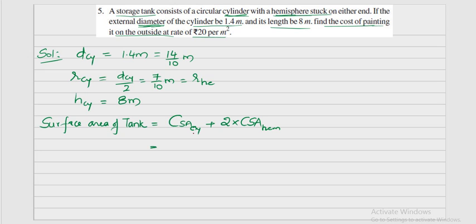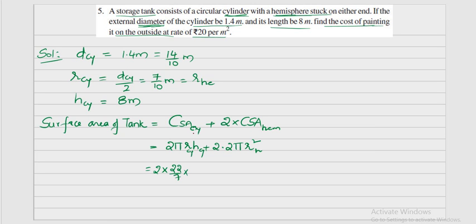From this, the formula is 2 pi r h plus 2 into 2 pi r square. Since we are talking about the cylinder, it is h suffix cy and r suffix cy, and here r suffix h. Since no value for pi is given, I am going to consider it as 22 by 7.